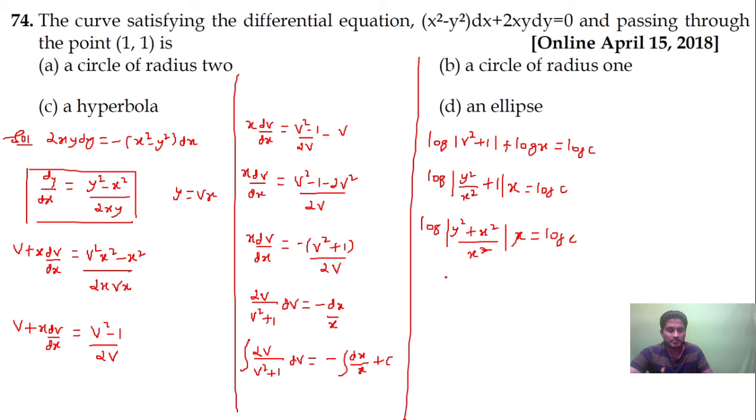This will cancel. If I equate, you get (y square plus x square) divided by x is equal to c. Okay, that is x square plus y square is equal to cx.